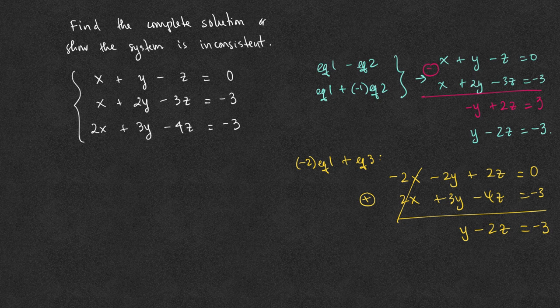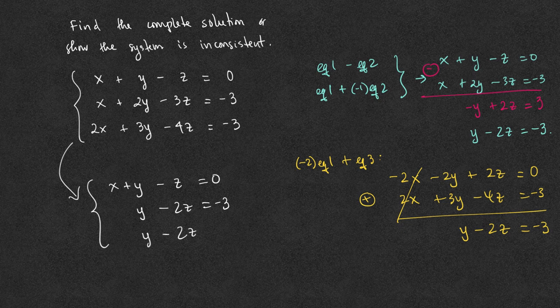We now have a new equivalent system. We keep the first equation, x plus y minus z equals 0. The second equation is now y minus 2z equals negative 3. And the third equation is y minus 2z equals negative 3.